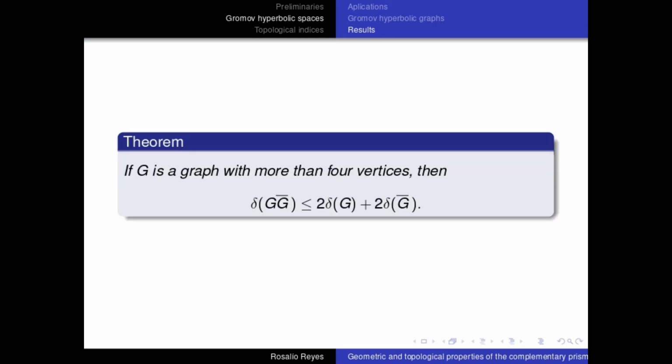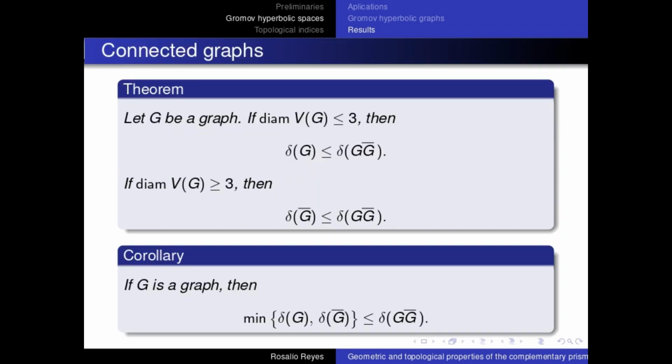The following result shows a bound relating the hyperbolicity constant of the original graph, its complement, and the complementary prism. A more specific result than the previous one is the following. Note that here the bound depends on the diameter of vertices.